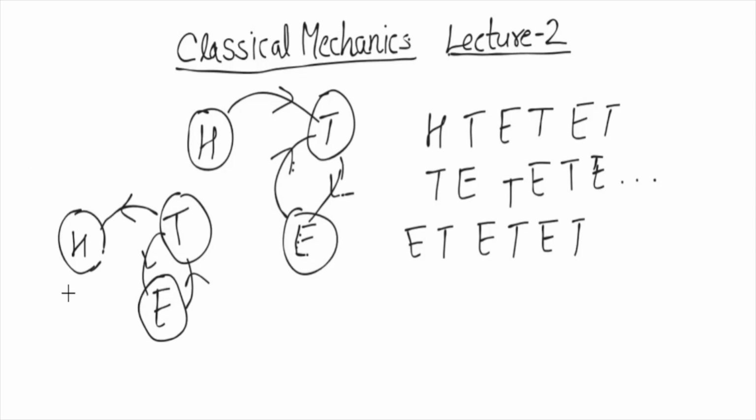If you are at tails, you don't know whether to go to heads or whether to go to edges. So it's a predictive situation one way, but not retroactive the other way. The word for this is not reversible. You can go one way but not the other way. This is a kind of law that is not allowed in physics.